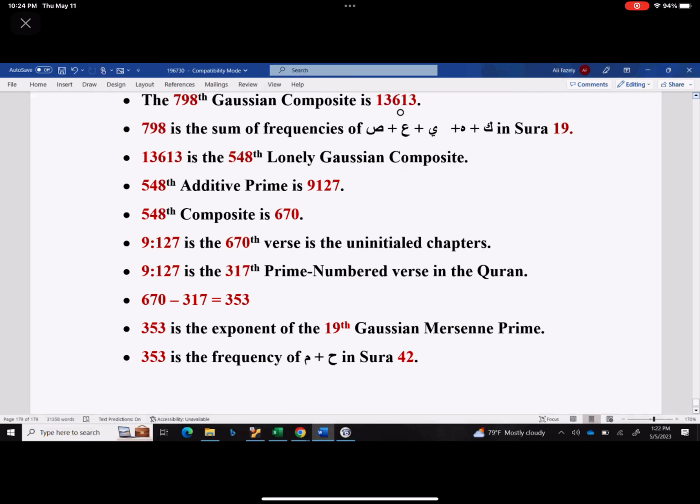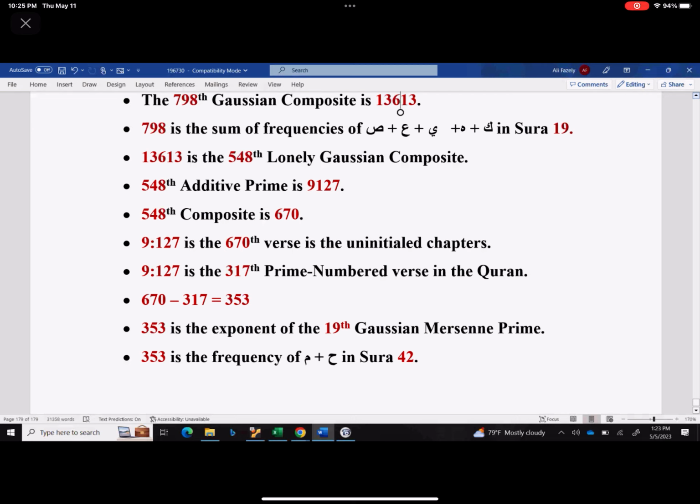You can check it in our Quran translation, where I have numbered all of those, and verify it for yourself. And 9127 is also a prime number verse because 127 is a prime number. If you count all the prime number verses from the beginning of the Quran, the 317th prime number verse is again 9127.